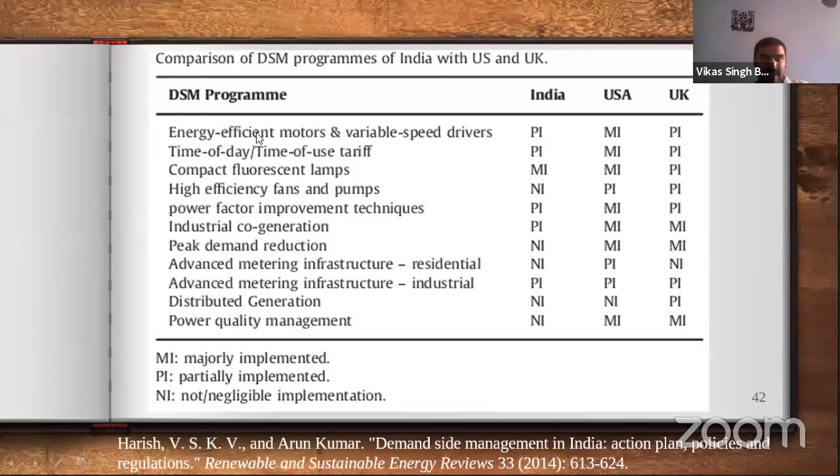We can say that energy efficient motors, in India, we are able to see only one. This is most implemented, not majorly implemented, and this majorly implemented is CFL or LEDs. Otherwise, most programs are either partially implemented or not implemented.